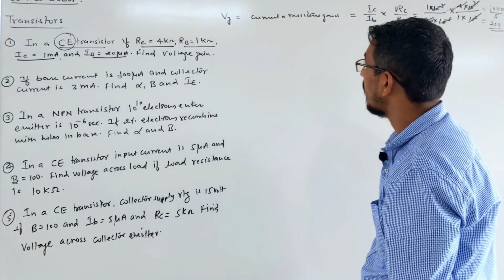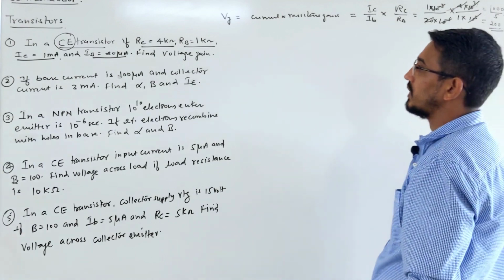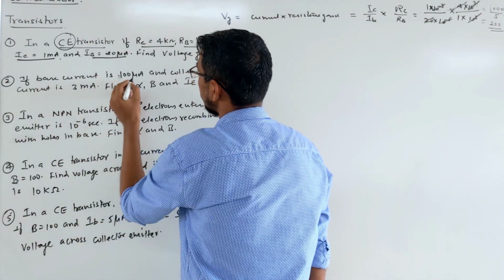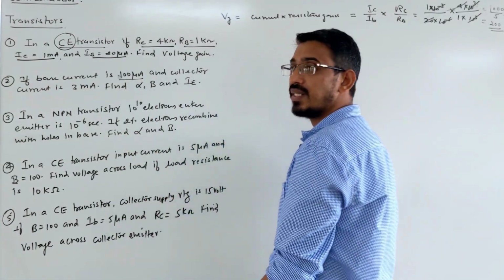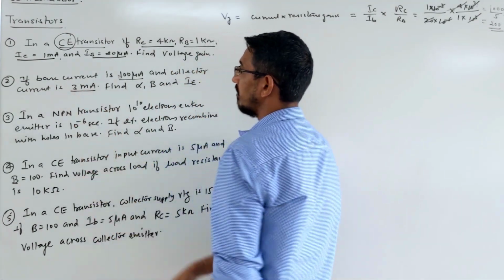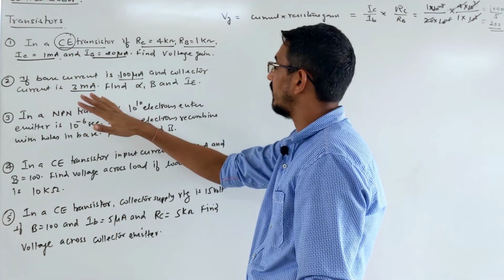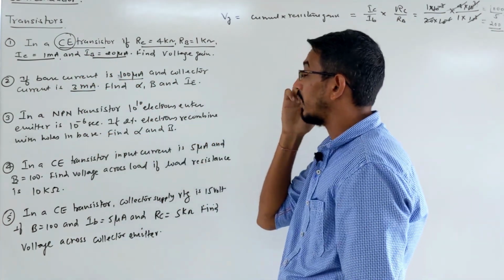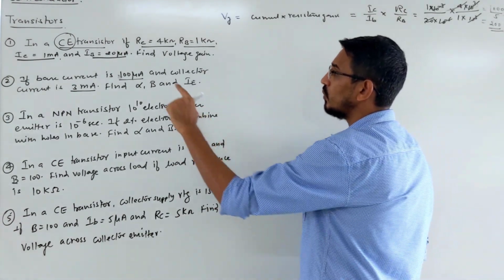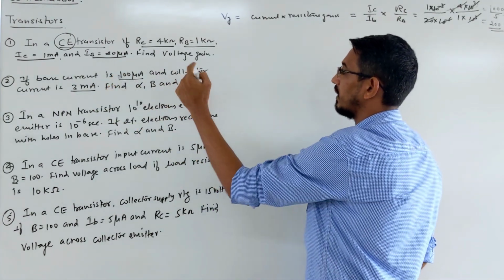Let's move to the second question. The base current is 100 microampere and the collector current is given as 3 milliampere. Base current is input and collector current is output. Find alpha, beta and IE, the emitter current. Two things are known, base current and collector current.